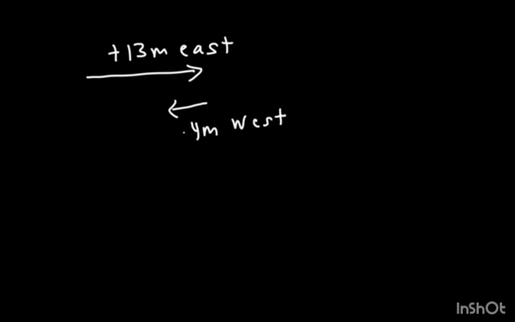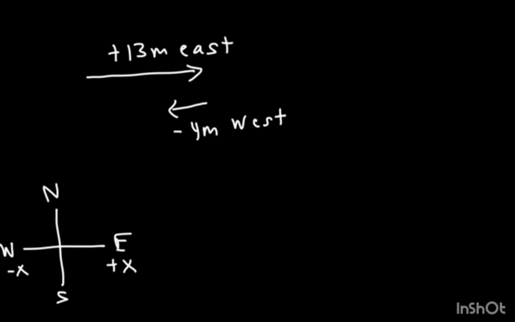We're going to add a negative sign to this because he's going towards the left. And just to review direction, north and south is along the y-axis. East and west are along the x-axis. So east is along the positive x-axis, west is along the negative x-axis.